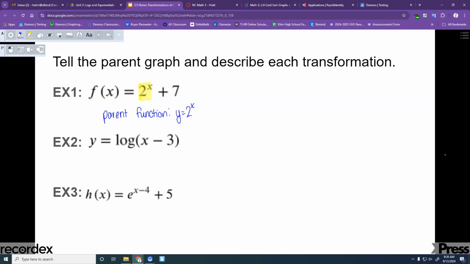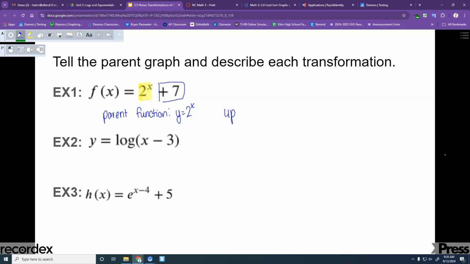Then you have to tell about the transformation. Anything besides 2 to the x causes a transformation. In this case, we got a plus 7. What is that going to do to the graph? It's not going to stretch it. What is it, Maya?